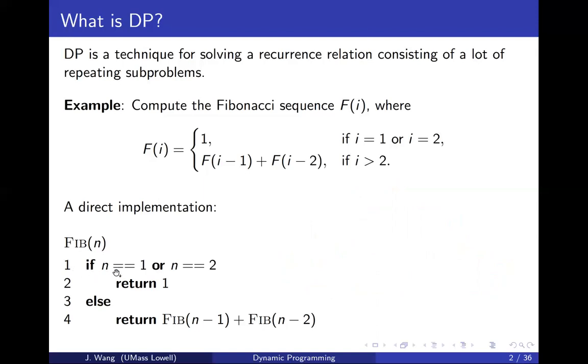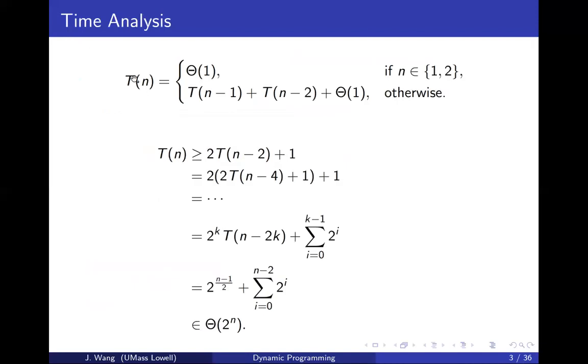So we check if n is equal to 1 or n is equal to 2, return 1, otherwise return FIB of n minus 1 plus FIB of n minus 2. So that's straightforward. Of course, then we would really want to know how efficient this implementation is.